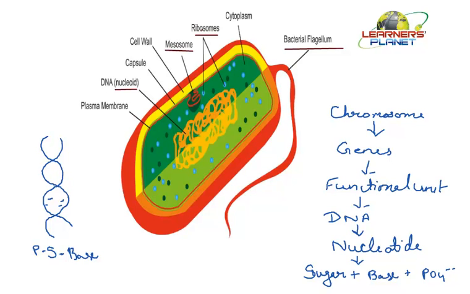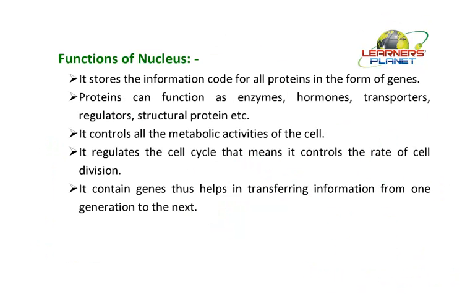Further, the important thing is that although all these changes are present within the cell, all will be controlled by the chromosome itself. So here the nucleus is performing as the brain of the cell, or the controlling center of the cell.